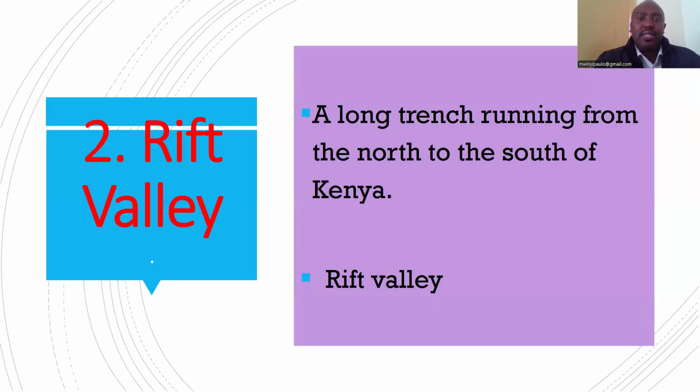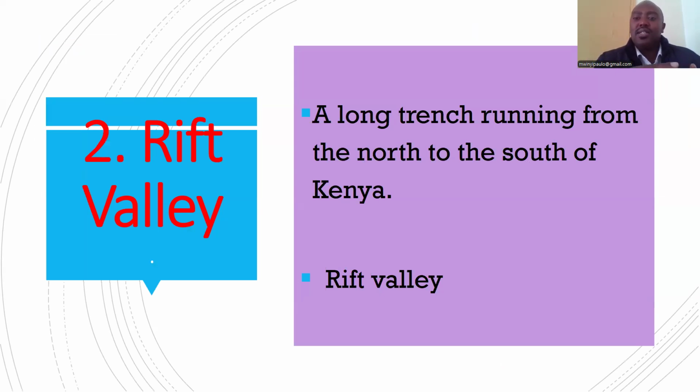The second physical feature is the Rift Valley. The Rift Valley is a long trench running from the north to the south of Kenya.